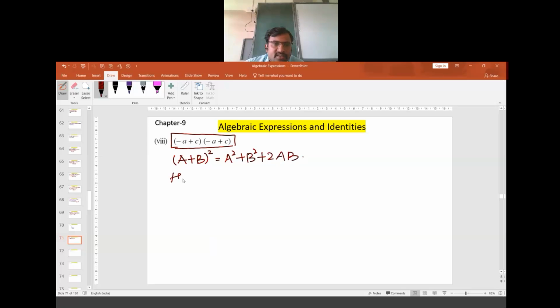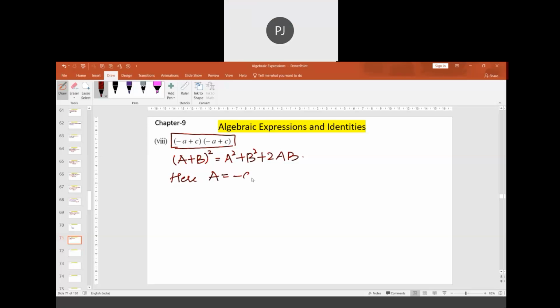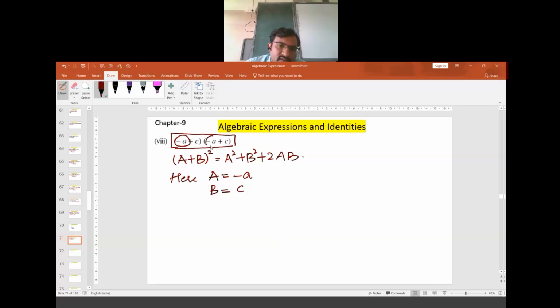Here, what is a? Minus a. And capital b is c. Here, minus a should be considered because you observe it is minus a over here.